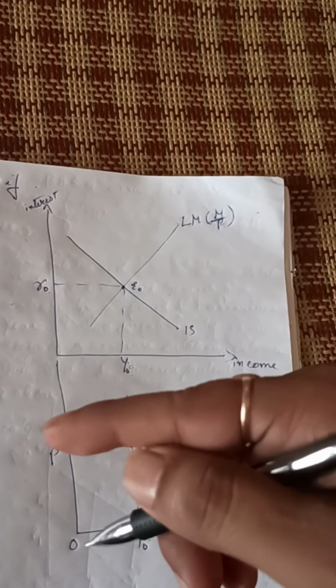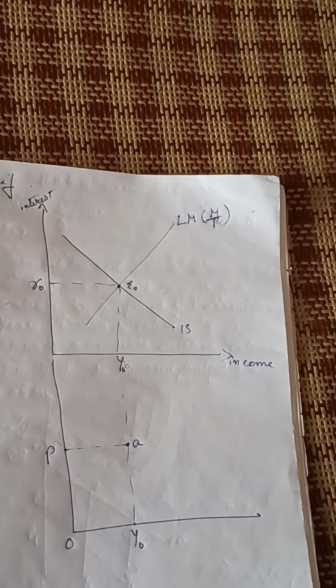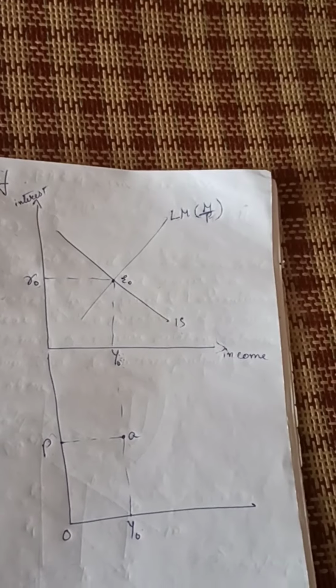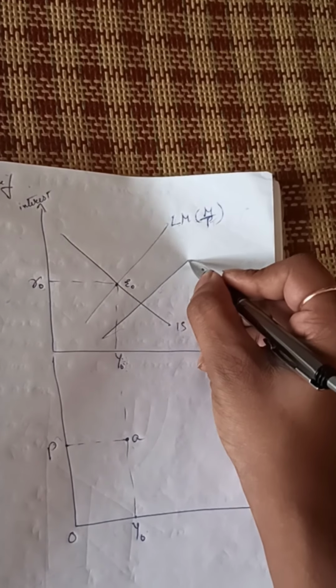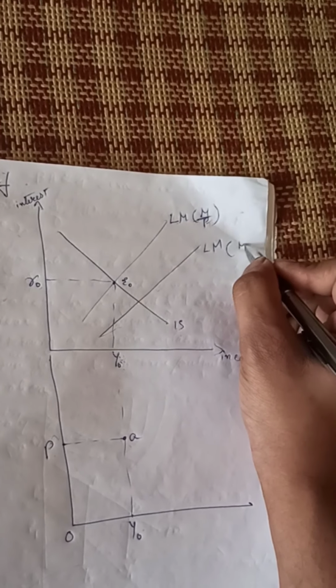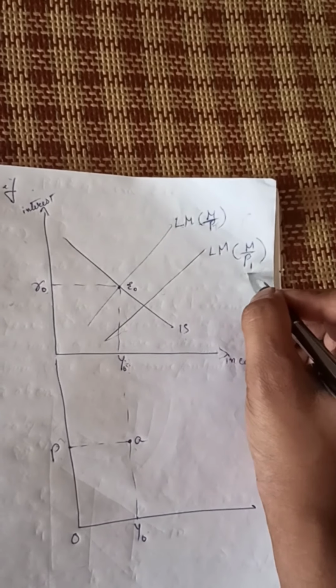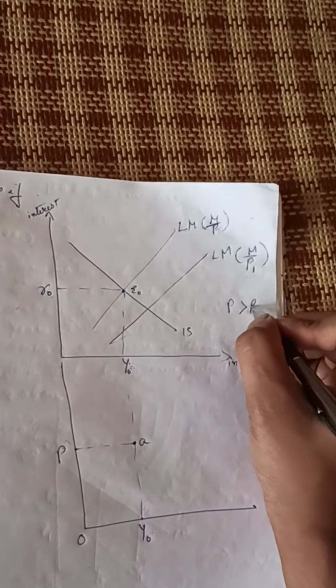Now in the previous discussion we know that if the price level falls keeping the money supply constant, the LM curve shifts rightwards. So due to a fall in the price level, the LM curve shifts rightwards. Okay, the new price is P1. Okay, and here P is greater than P1.